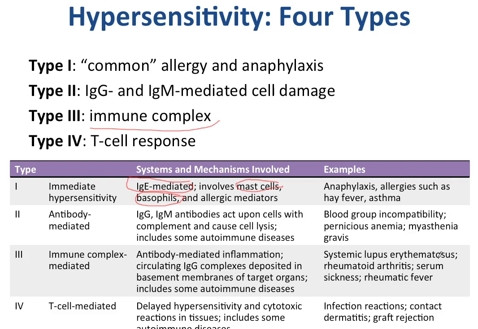Examples would be SLE, rheumatoid arthritis, serum sickness, and rheumatic fever. Type 4 is T cell mediated. Examples would be contact dermatitis and graft rejection.